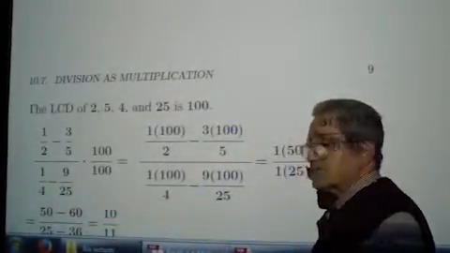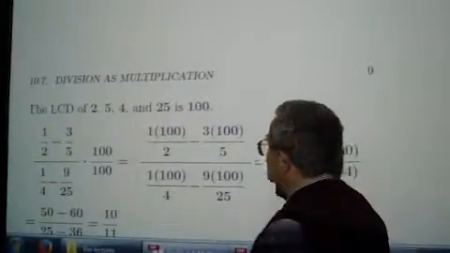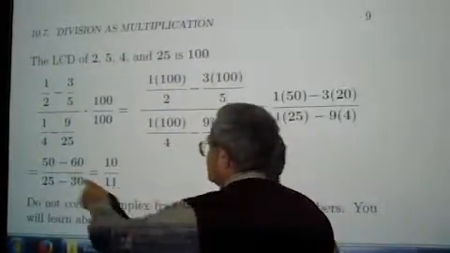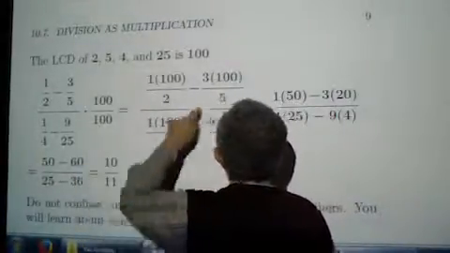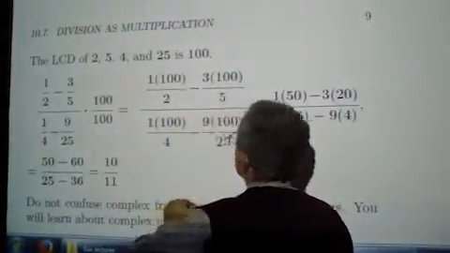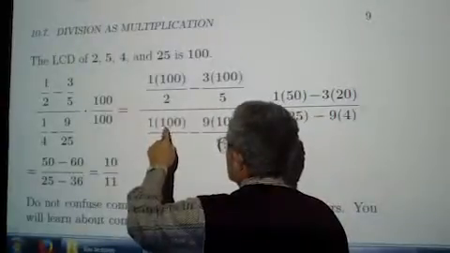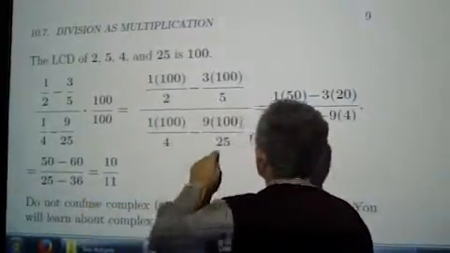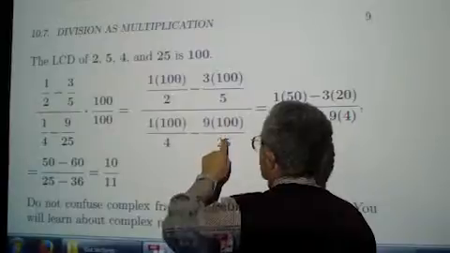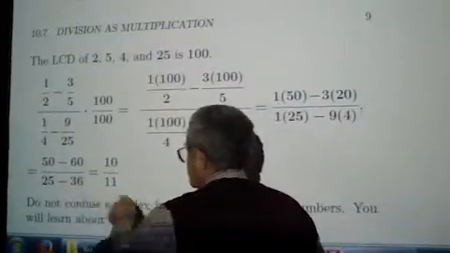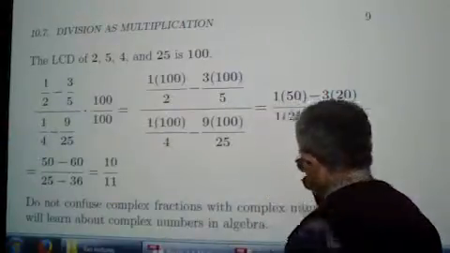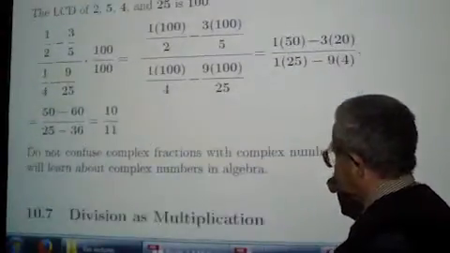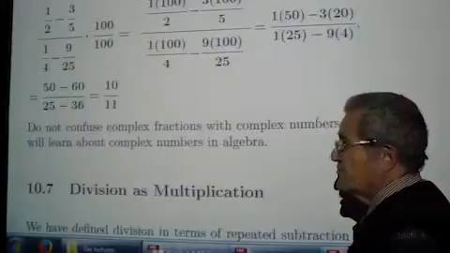And all the fractions should be done at this point, because 2 goes into 100 50 times, 5 goes into 100 20 times, and 20 times 3 is 60. 4 goes into 100 25 times, 25 goes into 100 4 times, and 4 times 9 is 36. So 10 over 11. And again, don't confuse complex fractions with complex numbers that you'll hear about later.